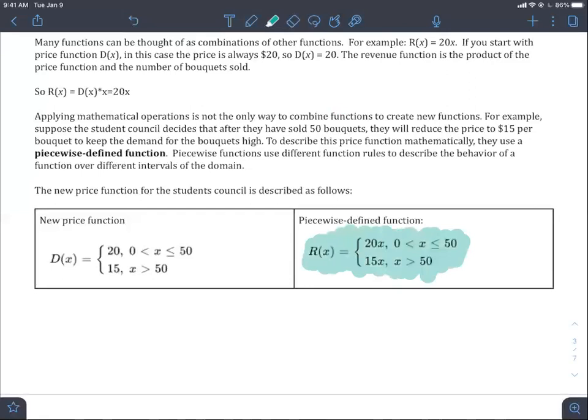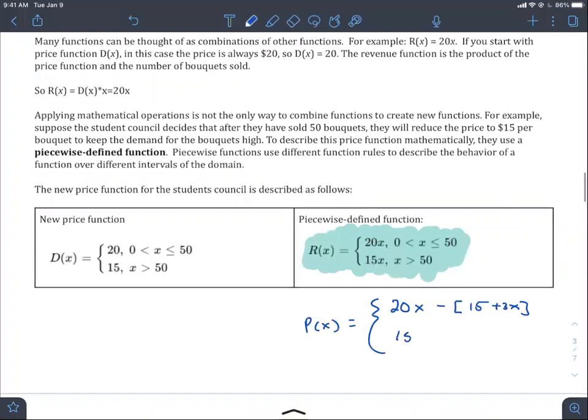For values of X bouquets between 0 and 50, we are going to use the initial revenue equation of 20X. For any number of bouquets sold over 50, we will have a revenue equation of 15X. This is actually going to affect our profit equation, because that's going to go from 20X minus 15 plus 3X to 15X minus 15 plus 3X.